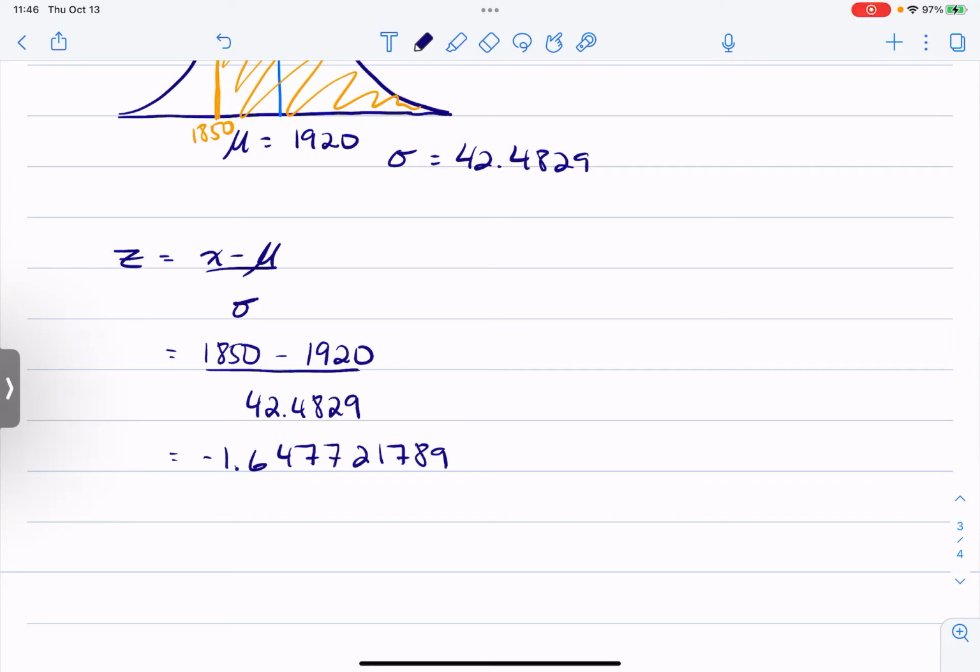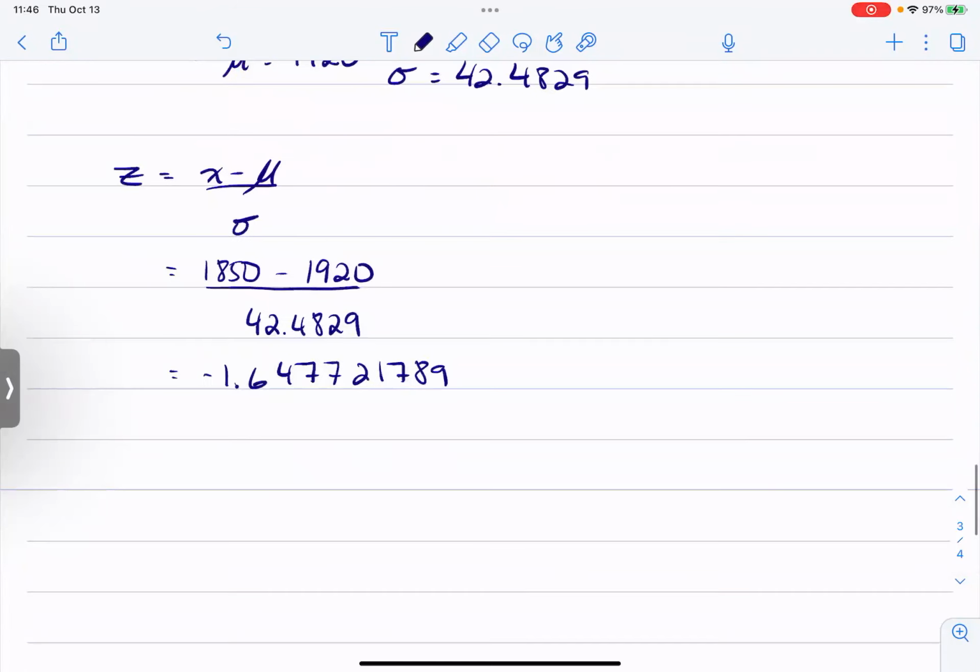Remember that the Z table only gives us 2 decimal places, so I need to round this properly to 2 decimal places. Negative 1.65 to 2 decimal places.